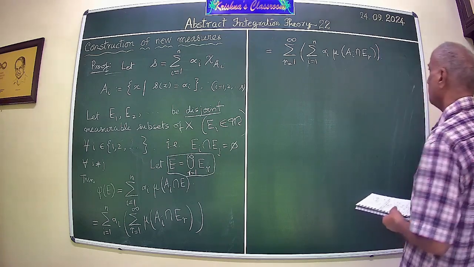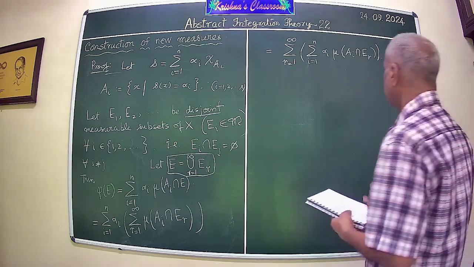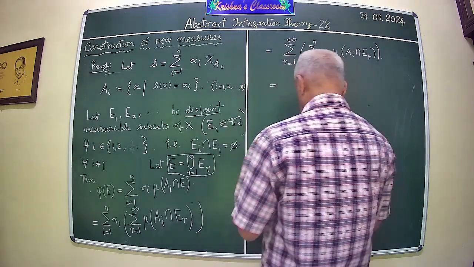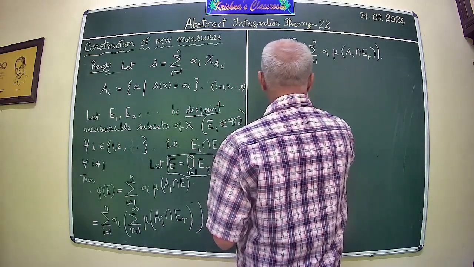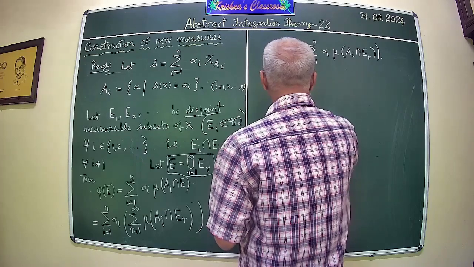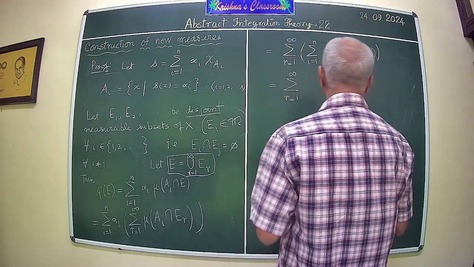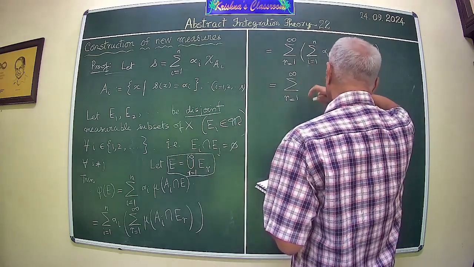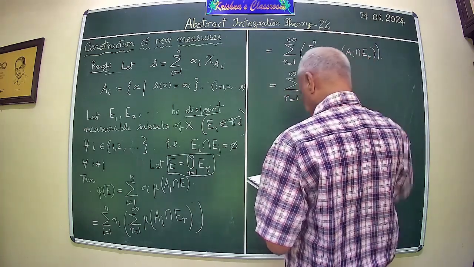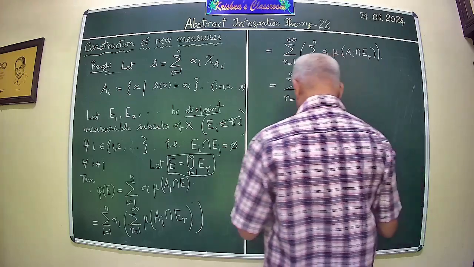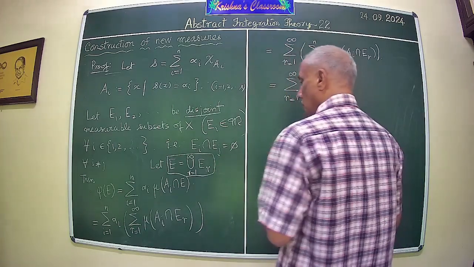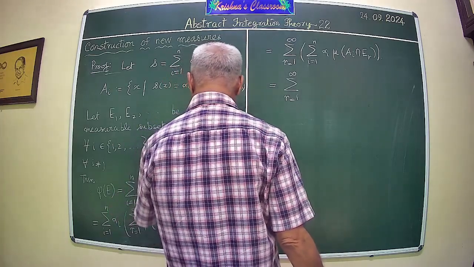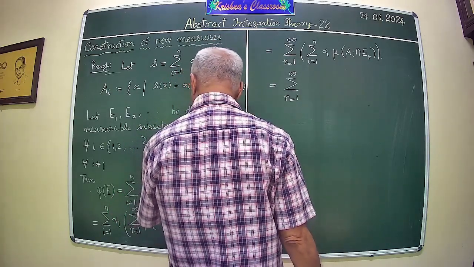This is it. What is that? Yeah, look at the definition. This is alpha_i mu of A_i intersection E_r, so A_i intersection E_r is coming there.